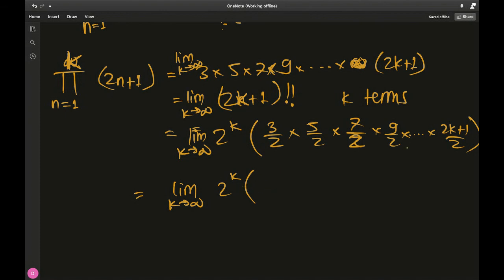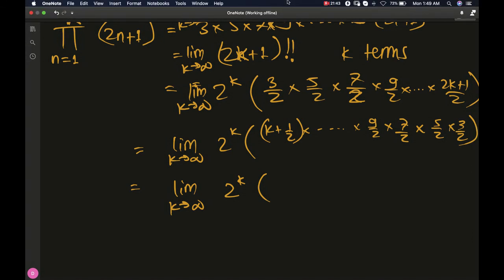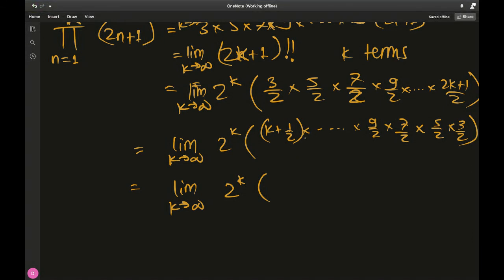and let's write it in a different order. We have k plus half, dot dot dot, 9 by 2 times 7 by 2 times 5 by 2 times 3 by 2. So notice here we have 2 to the k, and then k plus half factorial actually, because going forward we're just reducing 1.